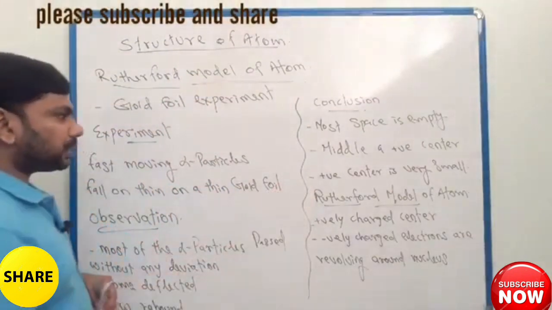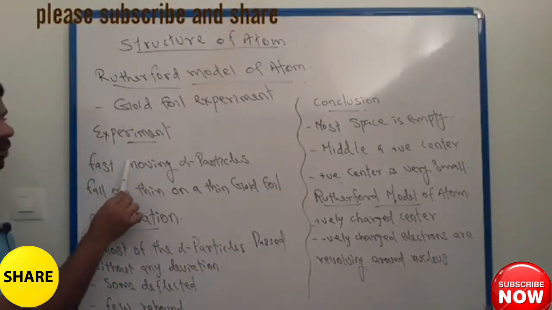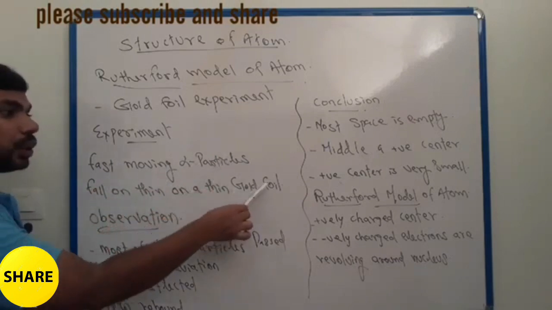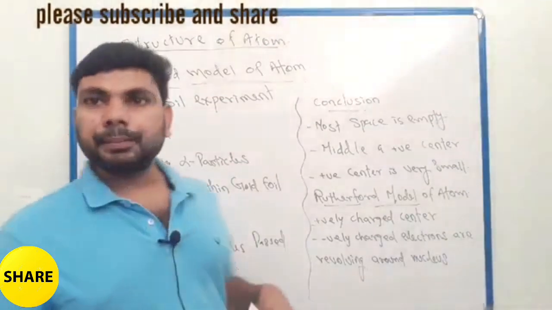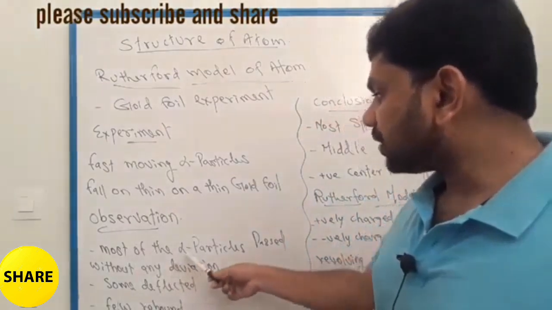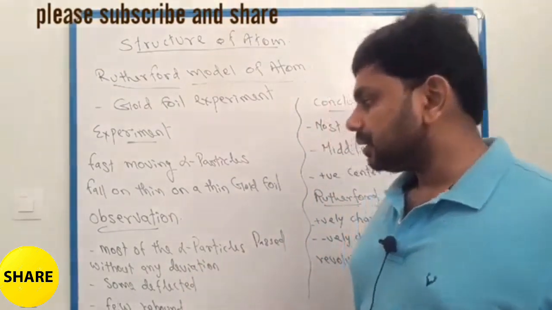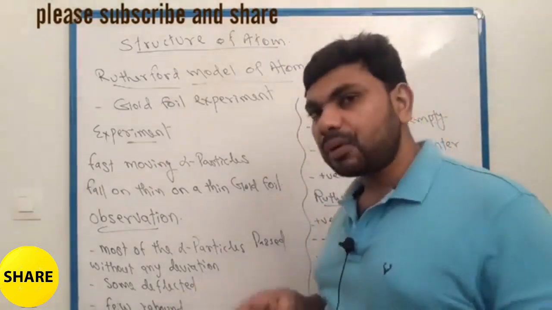Observation and conclusion. Experiment: he passed fast moving alpha particles through a thin gold foil. From this experiment, the observation was most of the alpha particles passed without any deviation. Some of the alpha particles deviated.